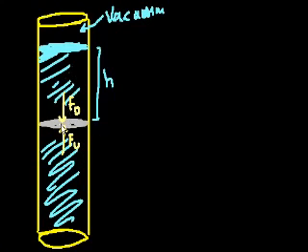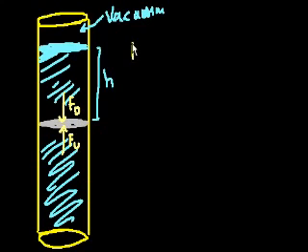So what is the force down acting on this cylinder? Well, it's going to be the weight of the water above it, because we're in a gravitational environment, and this water has some mass, and whatever that mass is times the gravitational constant will equal the force down. So let's figure out what that is.